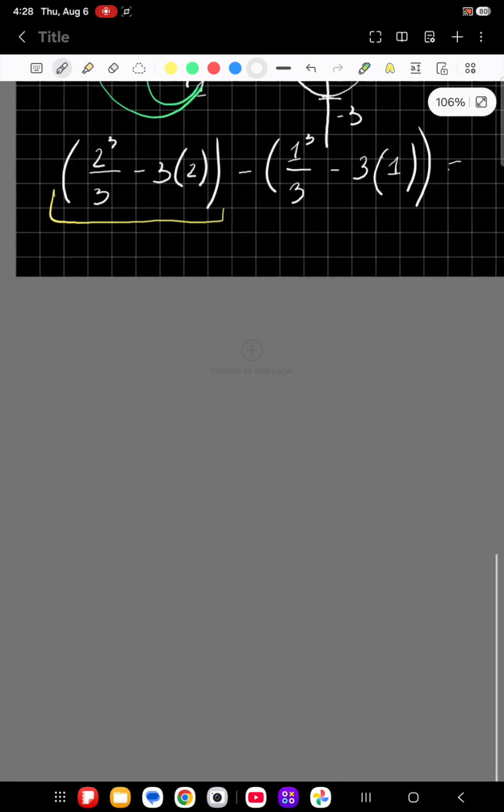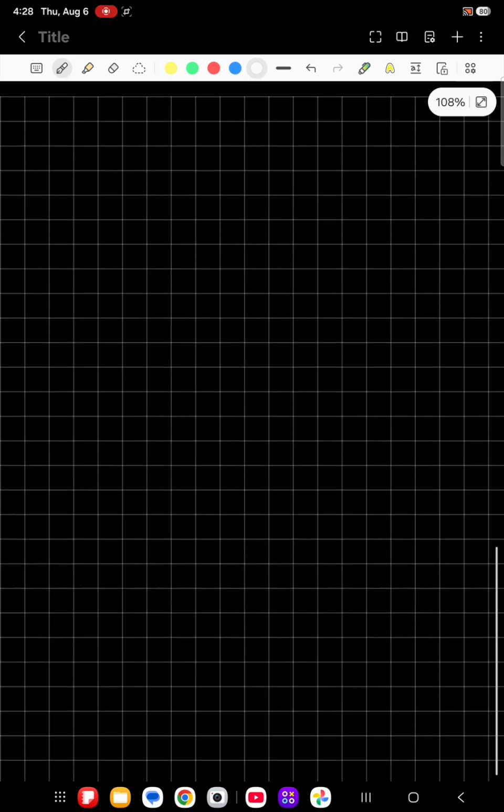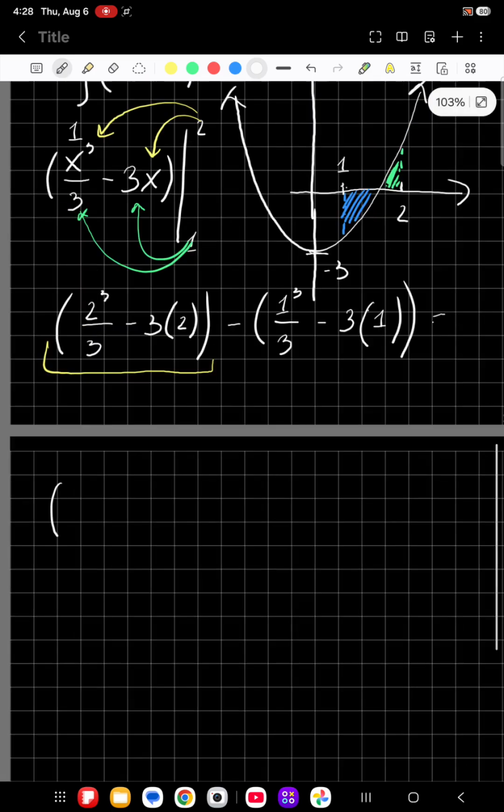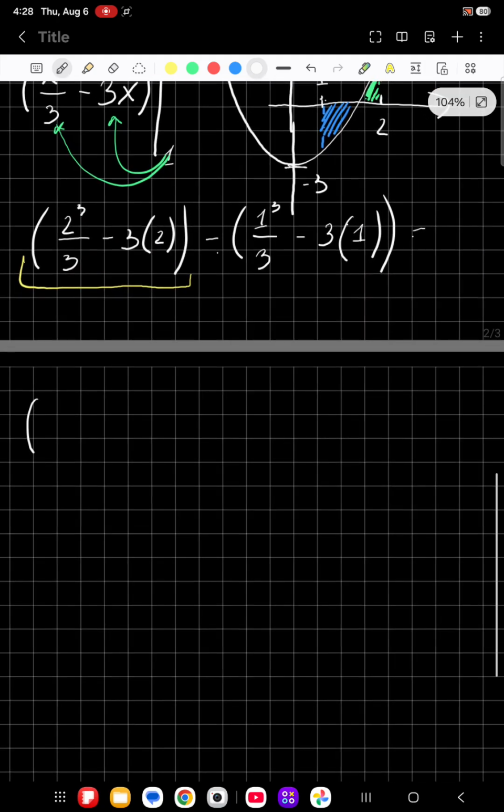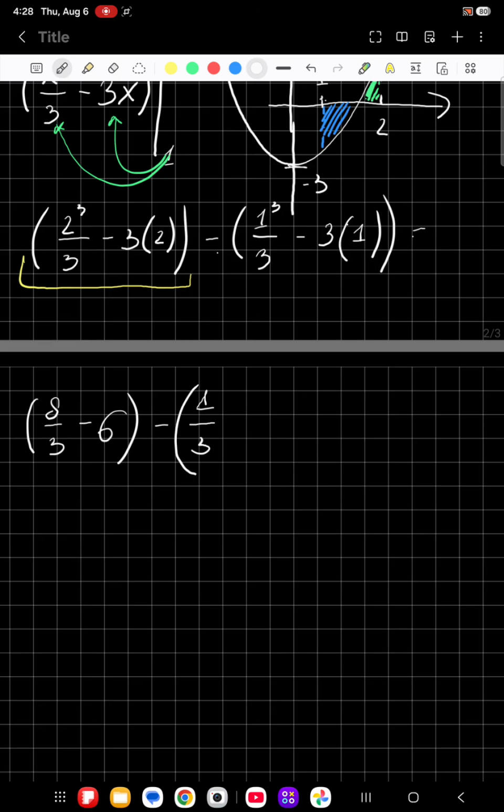Okay, so usually I won't really be doing this arithmetic, but for now, let me show it to you. So 2 to the third over 3, that's going to be 8 over 3, minus 6, minus 1/3 minus 3.